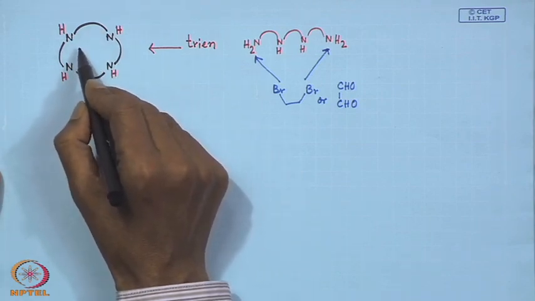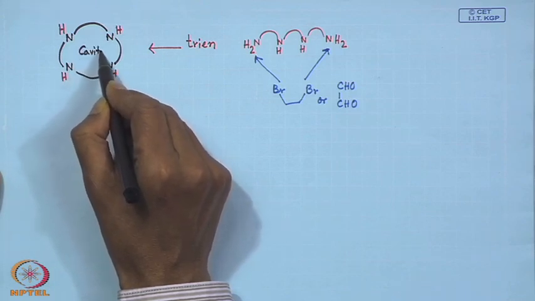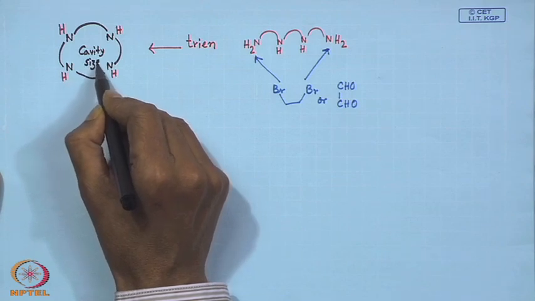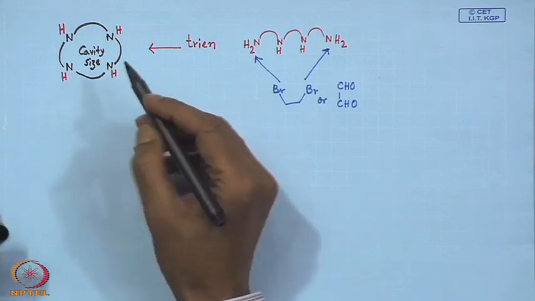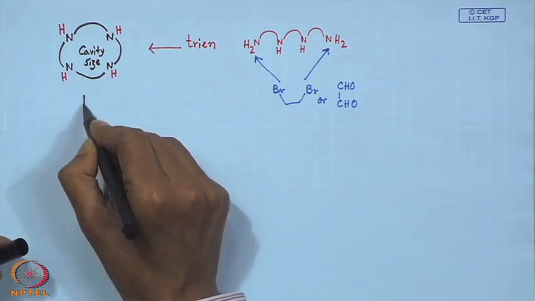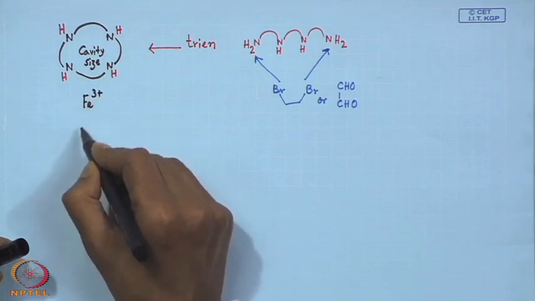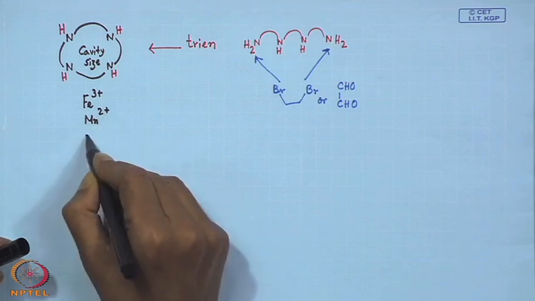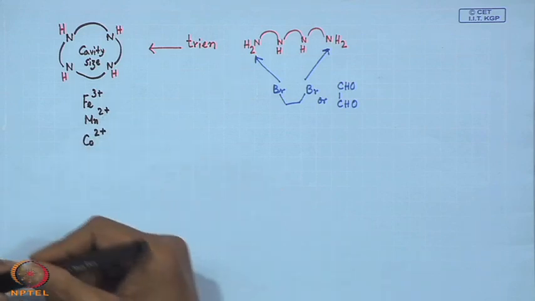So, this cavity size is important. This cavity size will determine what type of metal can enter, whether it is Fe3+ or Mn2+ or cobalt 2+ or 3+.